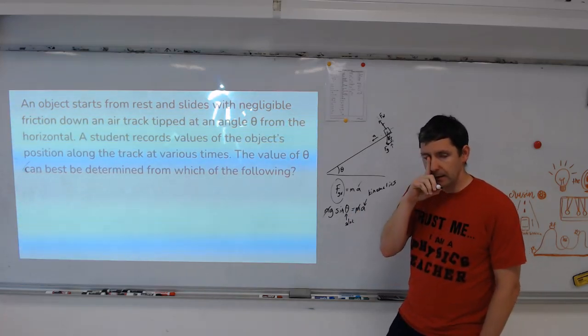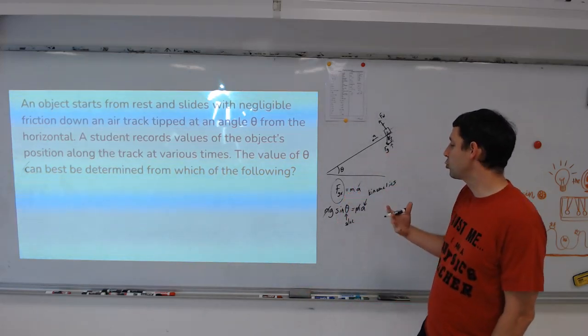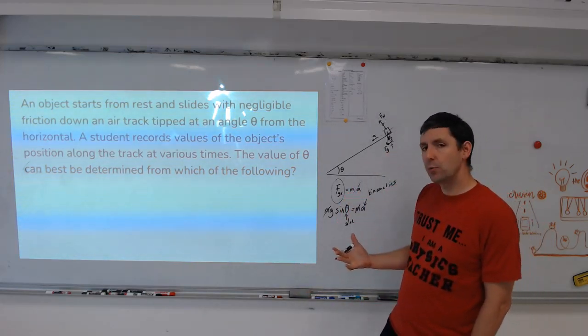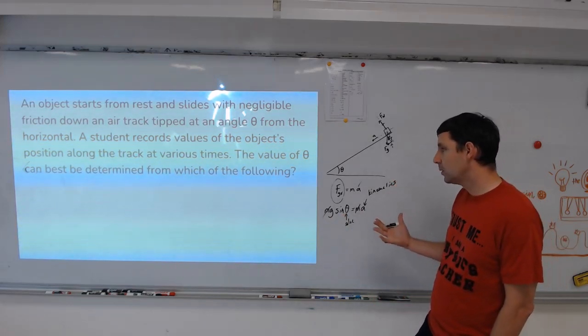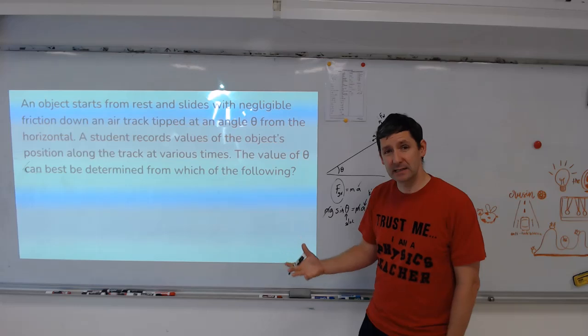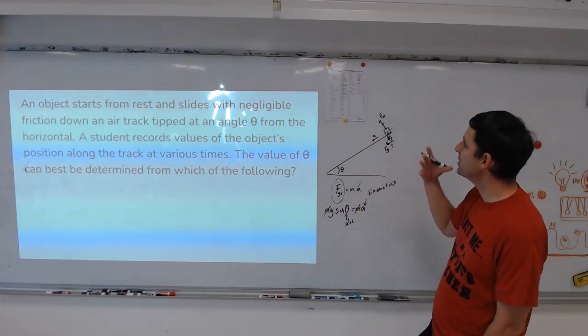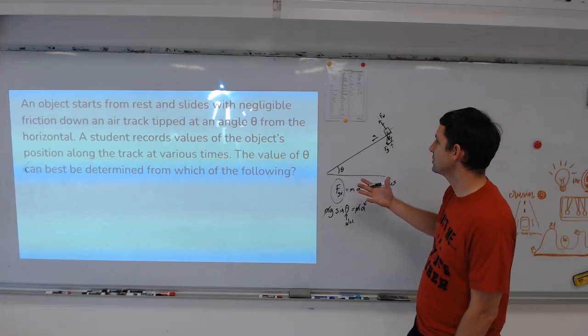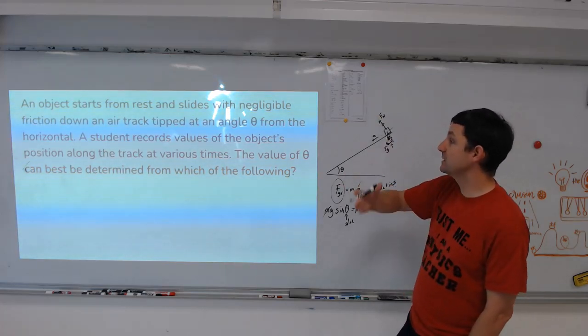All right? Now, if we wanted to go deeper, what would we have to graph in order to get this? Well, what are we measuring? We're measuring position. We're measuring time. So if we wanted to go deeper into this, which kinematics equation would I use? It seems like I would want to use something that has position and time in it.